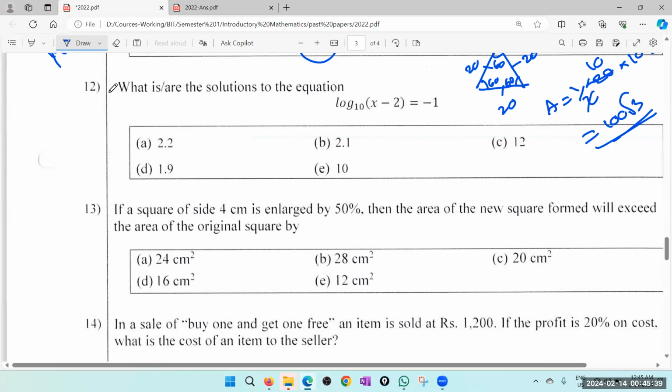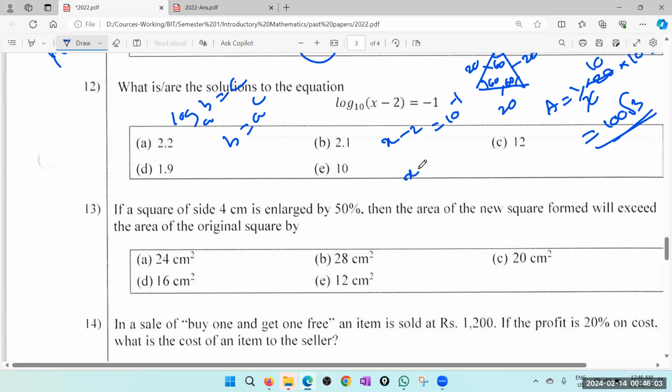Okay. Now I'm a little bit closer to the half of the paper. What are the solutions to the equation? So the easiest thing is you get rid of the log. You know that log_A B equals C means B equals A to the power C by definition. So therefore I write this as x minus 2 is 10 to the power minus 1.